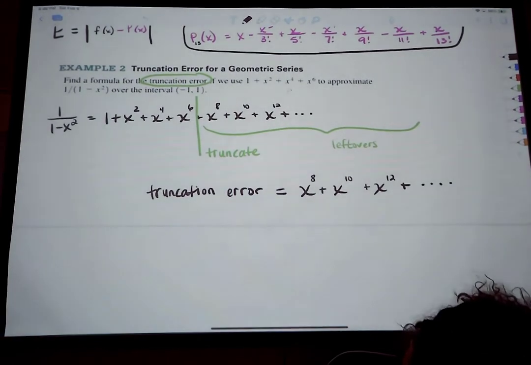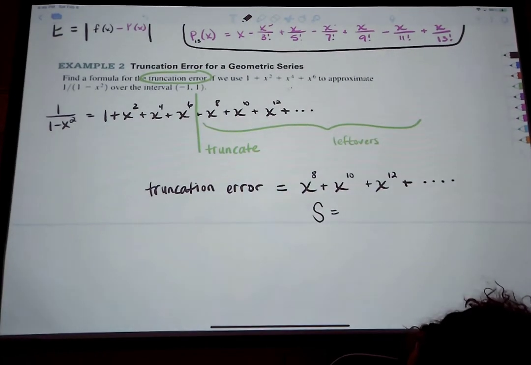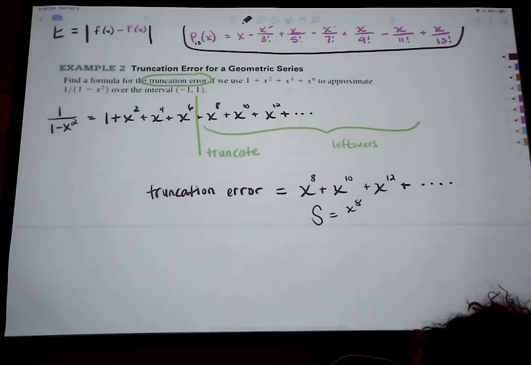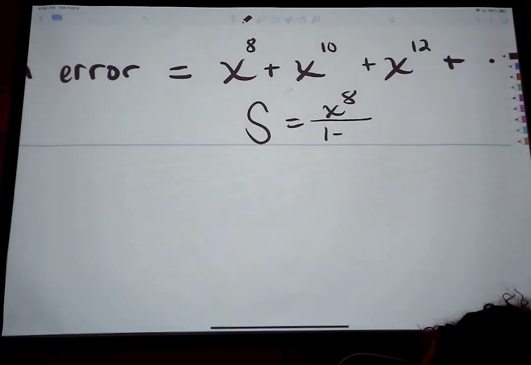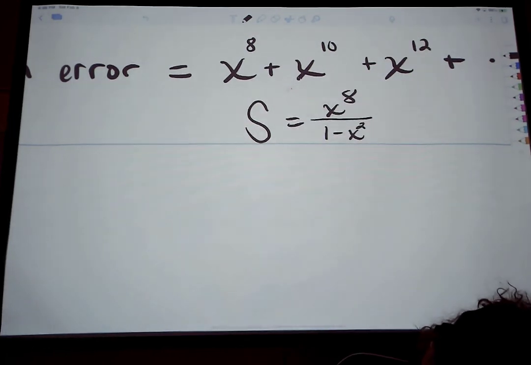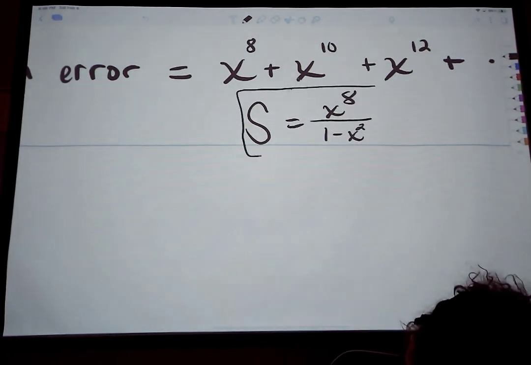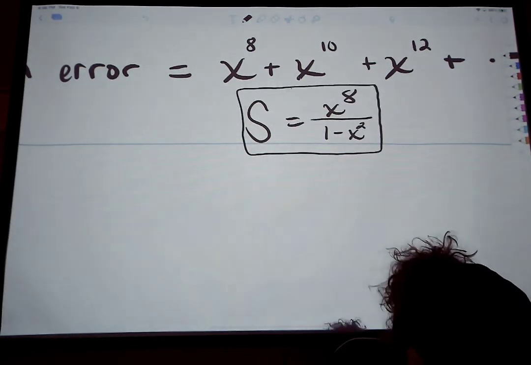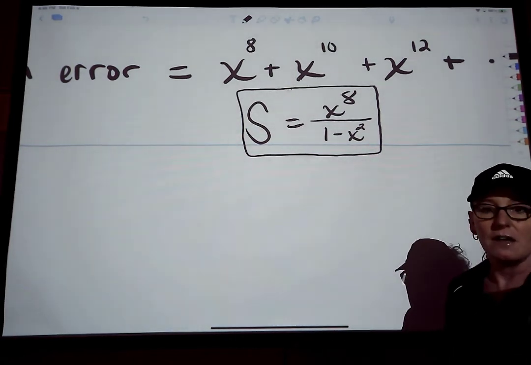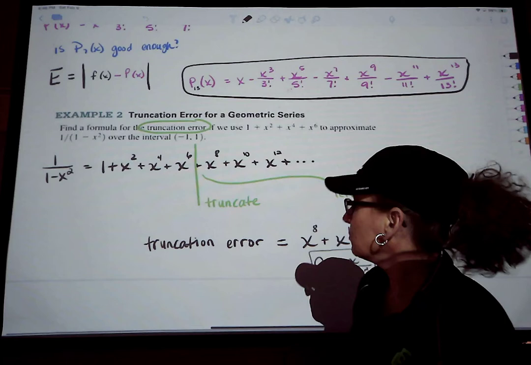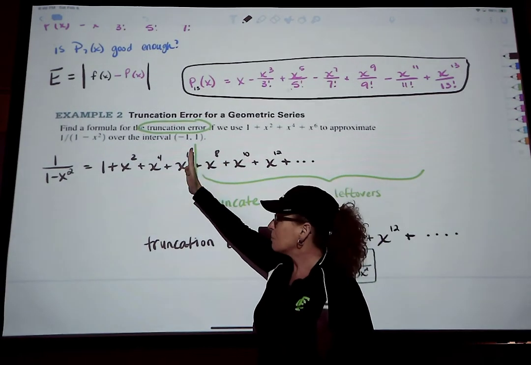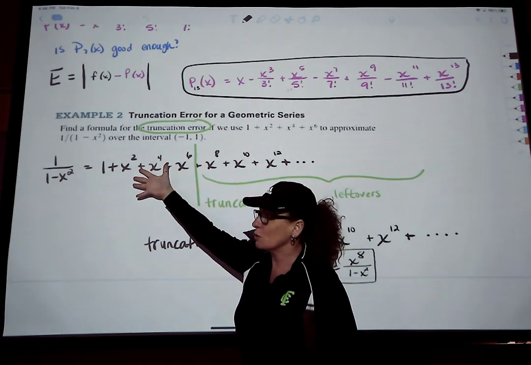I write it as sum equals first term over 1 minus r, which is x squared. Find a formula. That's my formula. And again, how did I get all that? Well, I cut the series off here, turn this into a polynomial.